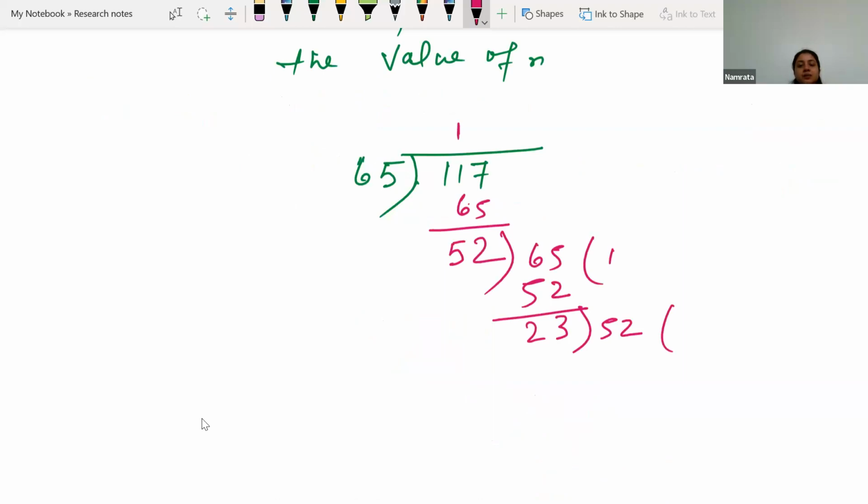Are we going correctly? Here it will be 1, right? 6 minus 5, 1. 13 table, does it contain 52? Does the table of 13 contain 52?